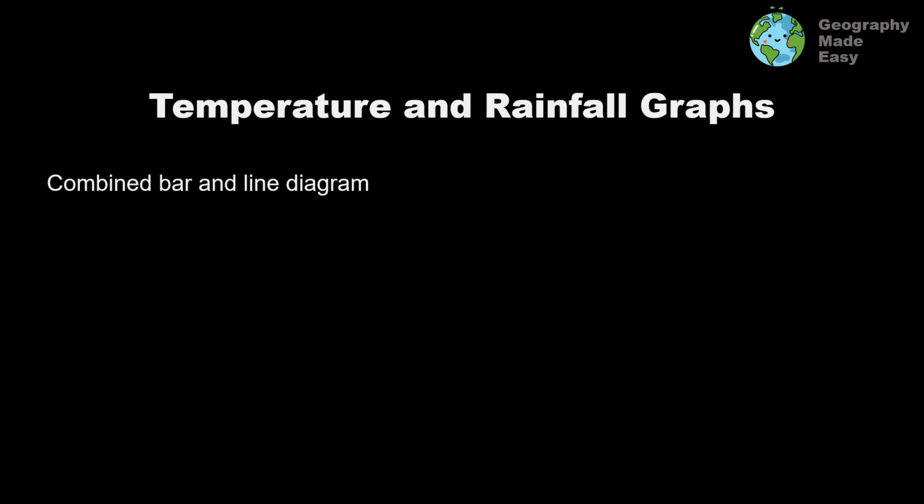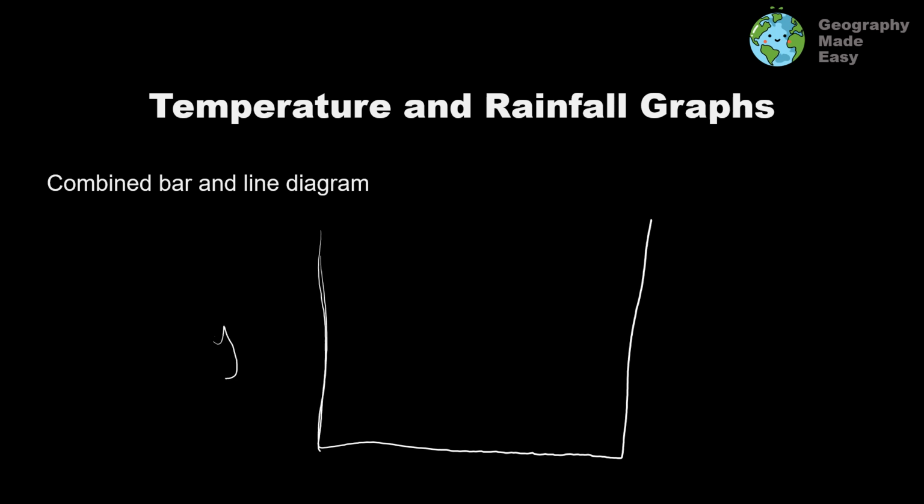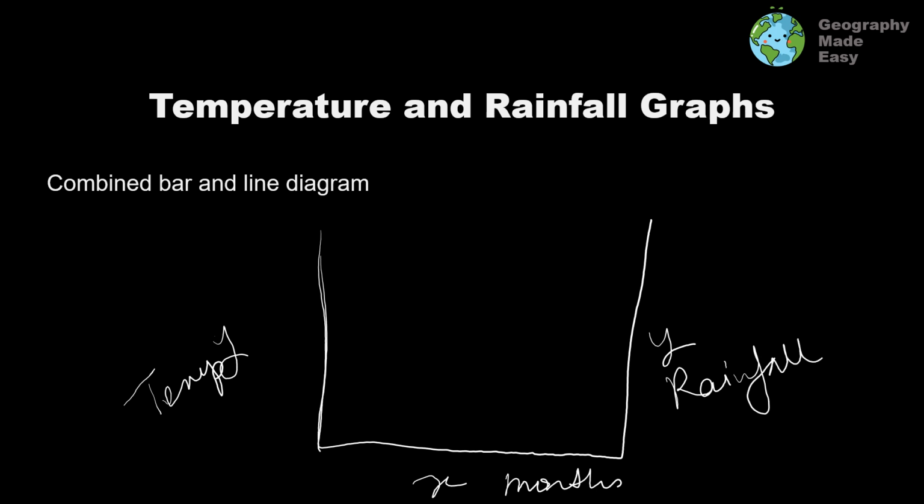So when we have the two axes of a graph, the y-axis and the x-axis, and we are measuring months on the x-axis and temperature and rainfall on the y-axis, we can create these bar and line diagrams. If we have January, February, we mark the different months in this way, and so on.